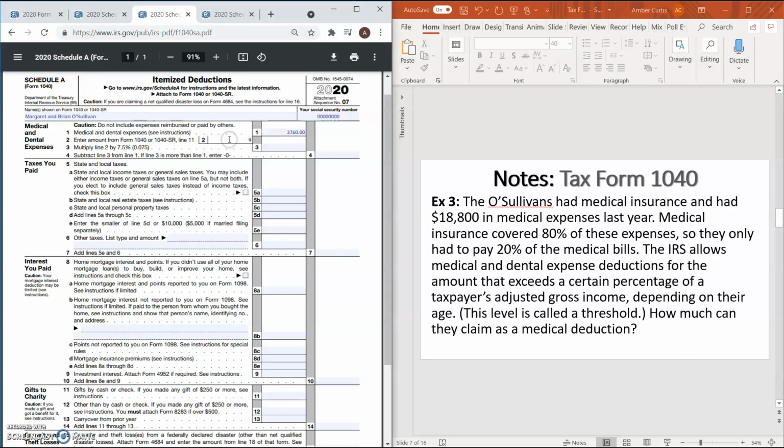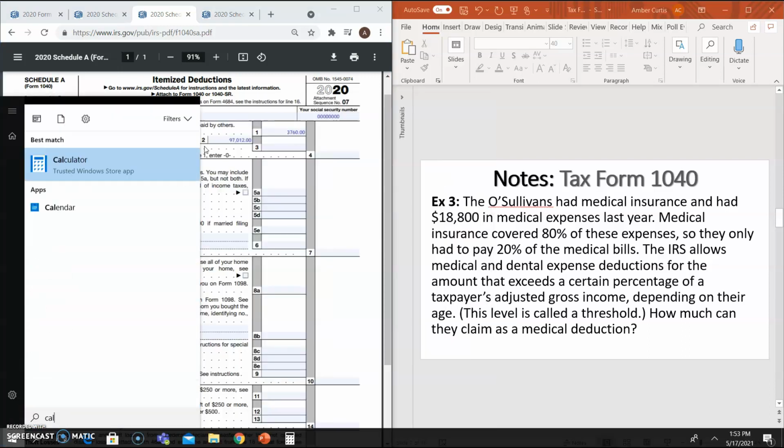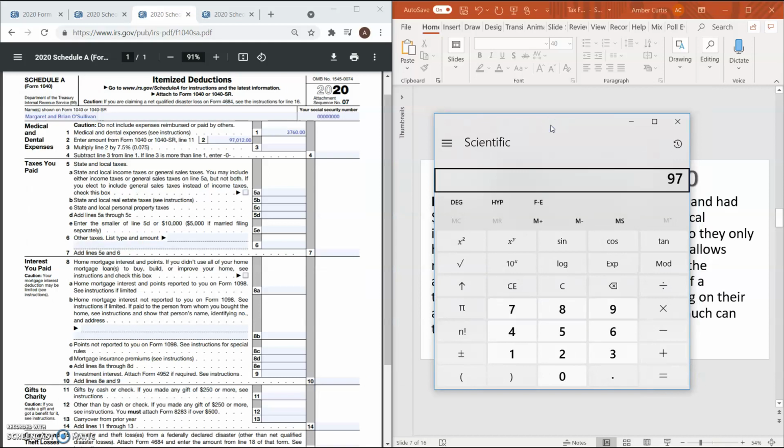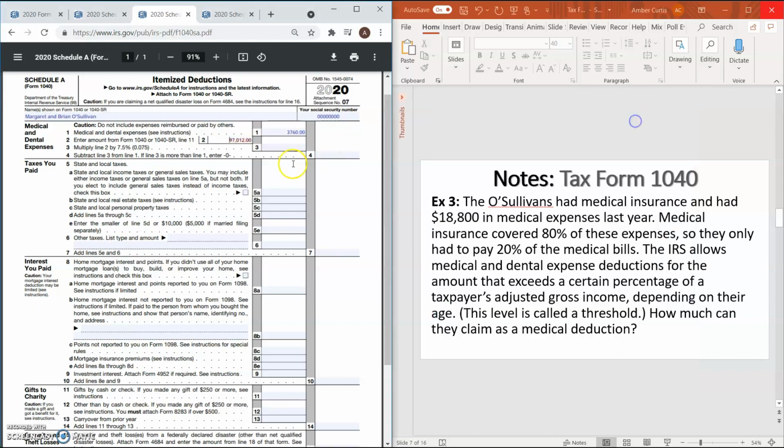And that was their adjusted gross income, or $97,012. We want to multiply line 2 by 7.5%. So using our calculator, we'll take that $97,012 and multiply it by 7.5%. And we see that we have $7,275.90.